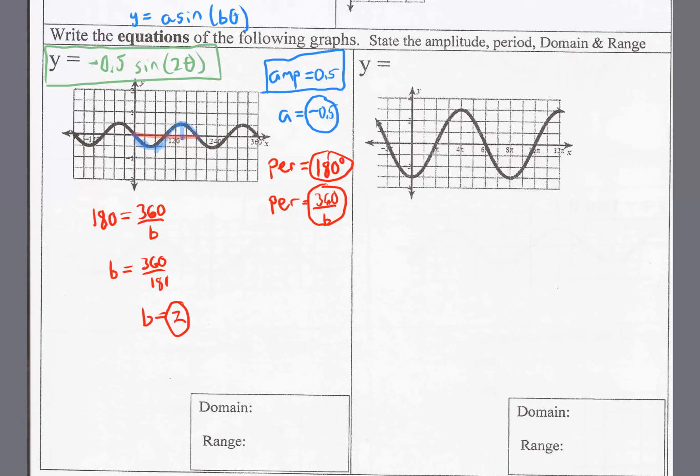All of these domains are going to be theta as all real numbers. The range is based off of the amplitude. So it's going to be the opposite of the amplitude, which is negative 0.5, or I should say, less than or equal to. Hopefully I was doing that earlier. I think I was. Negative 0.5, and then the upper boundary is positive 0.5.